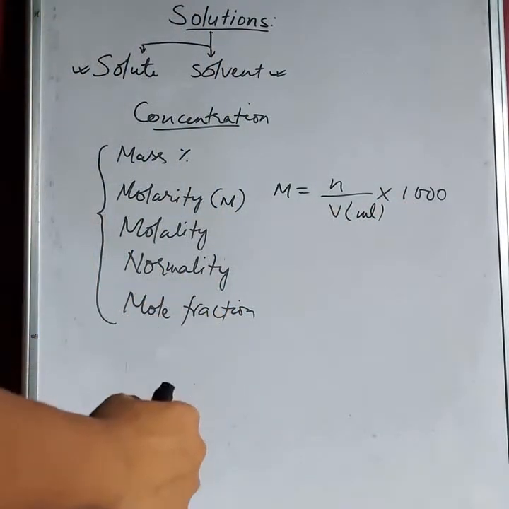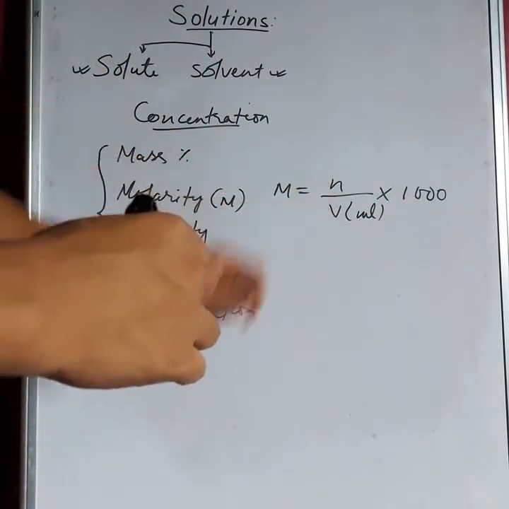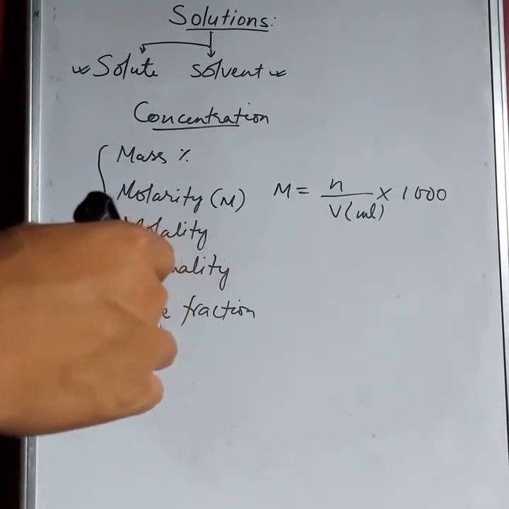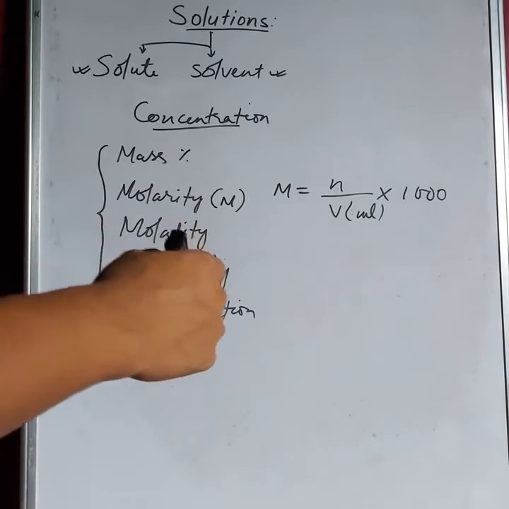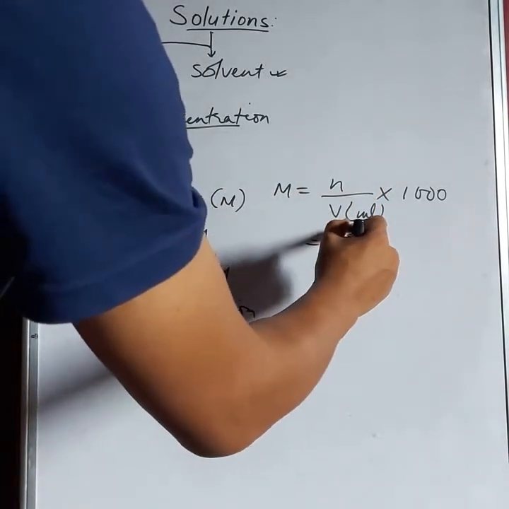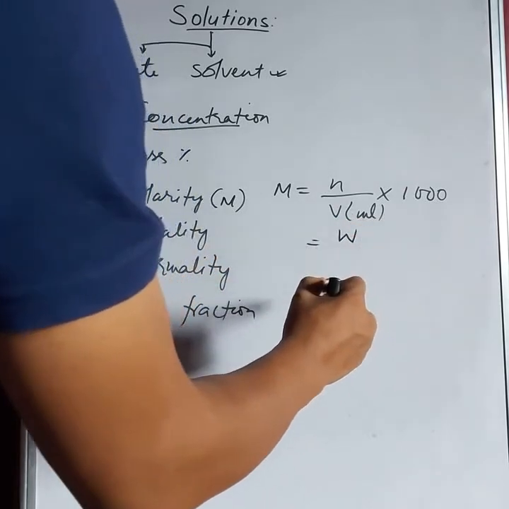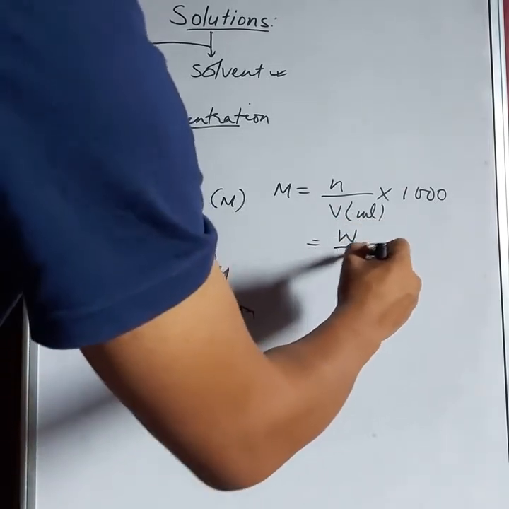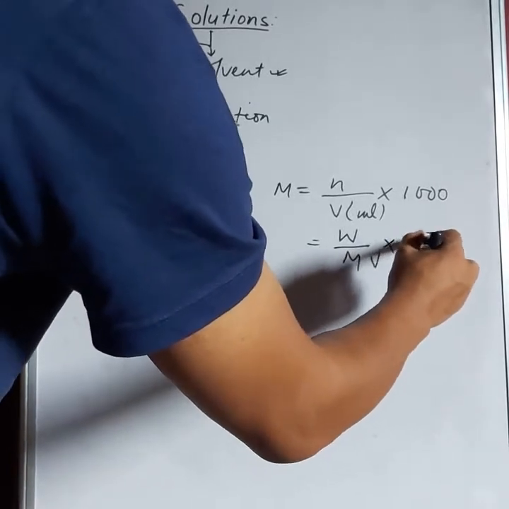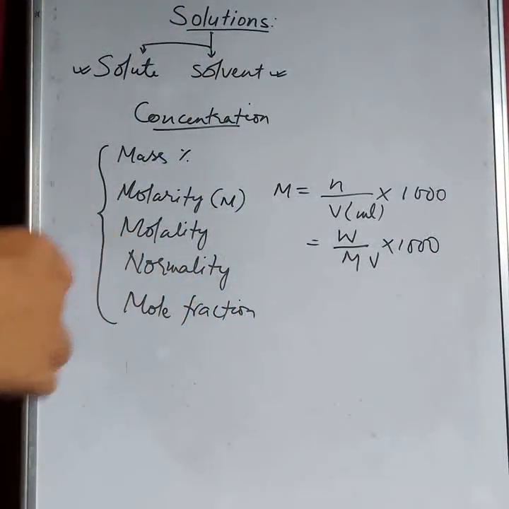So number of moles of solute per volume of the solution into 1000. That gives us the molarity. Or this number of moles is given by weight of the substance divided by the molar mass of the substance.